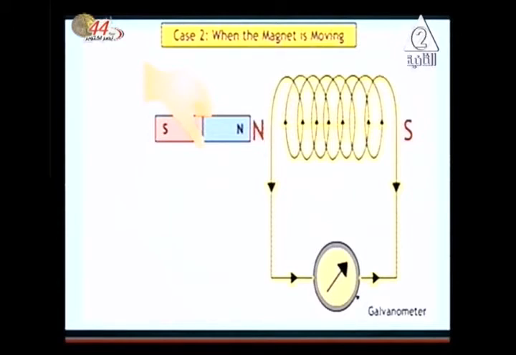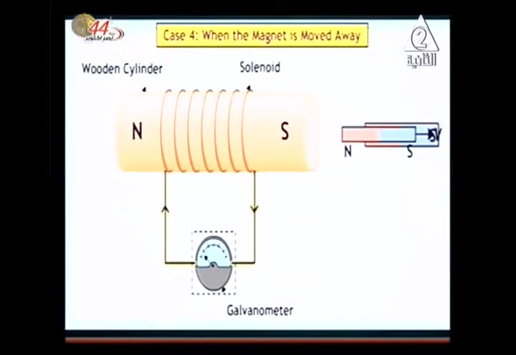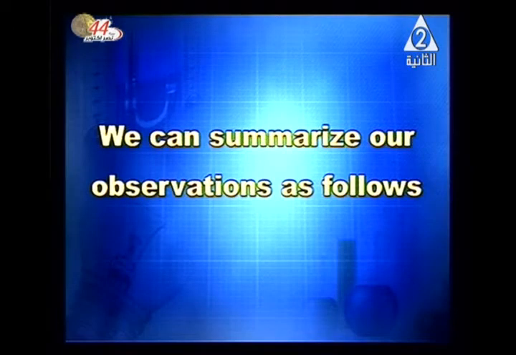On removal of the magnet, when the magnet is moved away from the coil, the needle deflects in the opposite direction, indicating that an induced current is flowing, but in the opposite direction. So we can summarize our observation as follows.